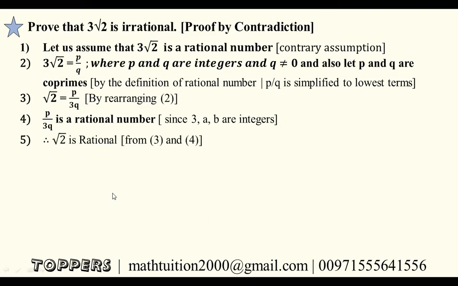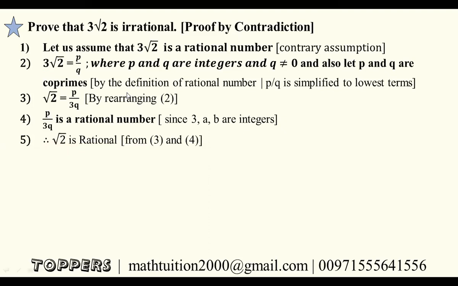Therefore root 2 is rational, from statements 3 and 4. Root 2 equal to p by 3q, where the denominator is not 0. So according to that, we can say that root 2 is rational.